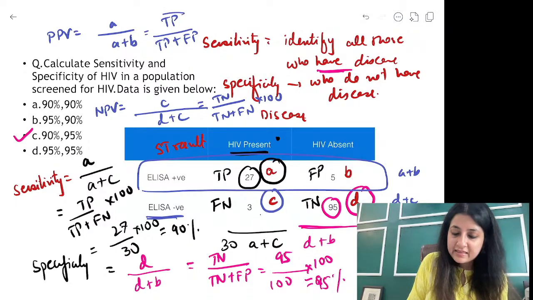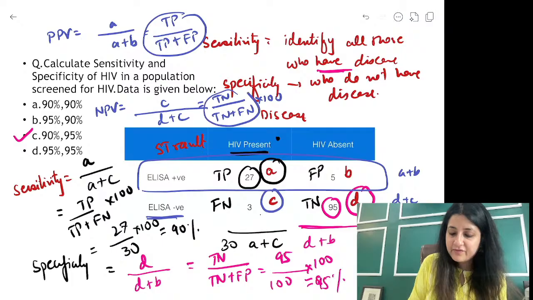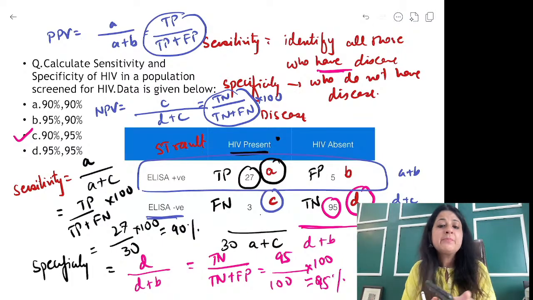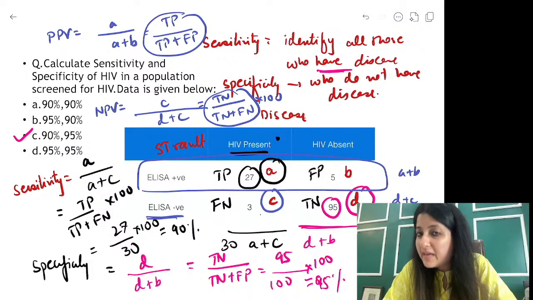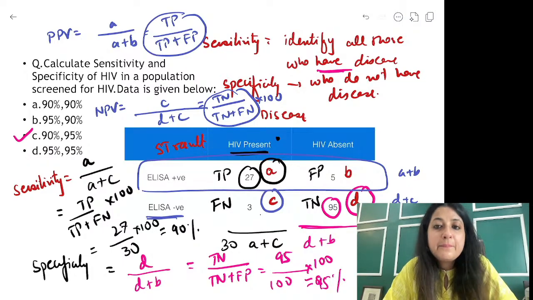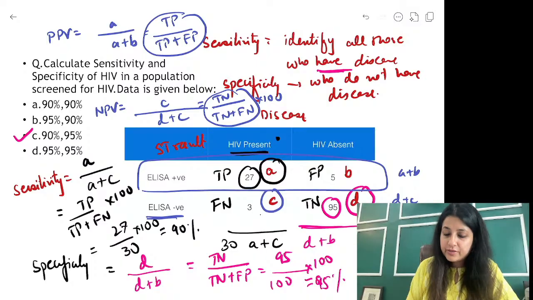PPV everything is positive, NPV everything is negative. Okay? Now this MCQ was only meant to revise the definitions. This MCQ was meant to revise the formula. In PPV everything positive, in NPV everything negative. Of course you have to remember sensitivity and specificity also. Good to go to the next question.